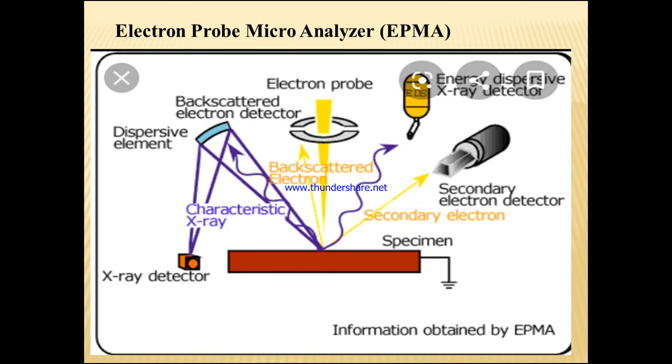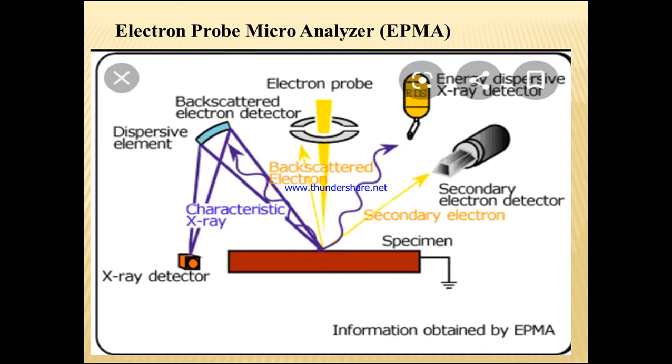I will once again explain this in a detailed way. The electrons generated by the electron source, by thermionic emission from the cathode, are emitted and pass towards the anode, as well as the electromagnetic lenses, condenser lenses and objective lenses. The beam goes towards the sample and hits it. When it scans the sample, we get an emission of secondary electrons from the specimen, or some of the electrons will be absorbed by the specimen.